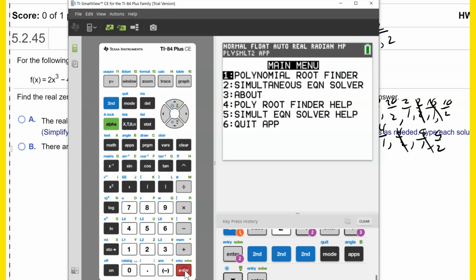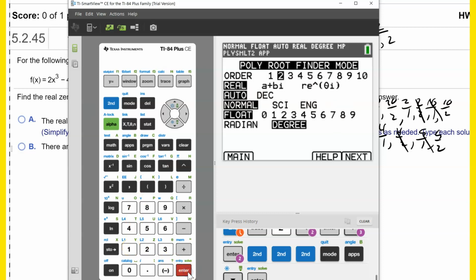But the app is pretty cool. This will do 2 different great things. I think I've showed you already a couple things that this will do for you. It'll solve simultaneous equations, so like a system of equations. It will also be a polynomial root finder, meaning it'll solve a polynomial. So I'm going to choose option 1 because that's what I'm doing here. I'm trying to find the roots of a polynomial.